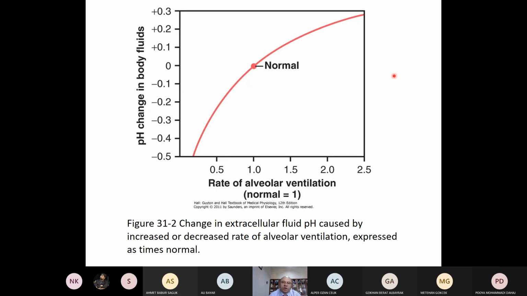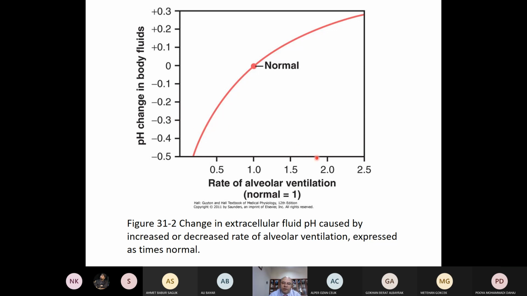Here in this picture you see the alveolar ventilation and pH relationship. When alveolar ventilation decreases, pH will decrease. This means carbon dioxide is increasing in the body.